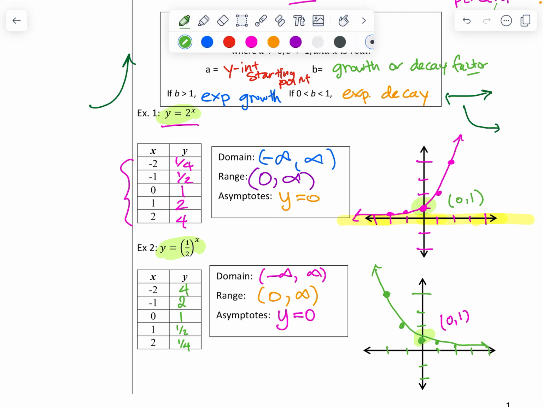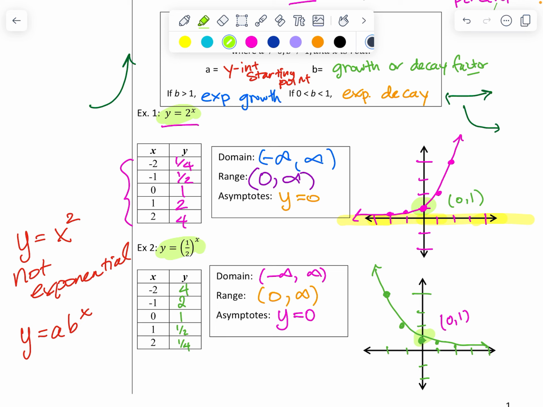One last thing I want to mention is some of you might be thinking, well, isn't a parabola exponential? The difference here is that in the exponential, the variable is the exponent.